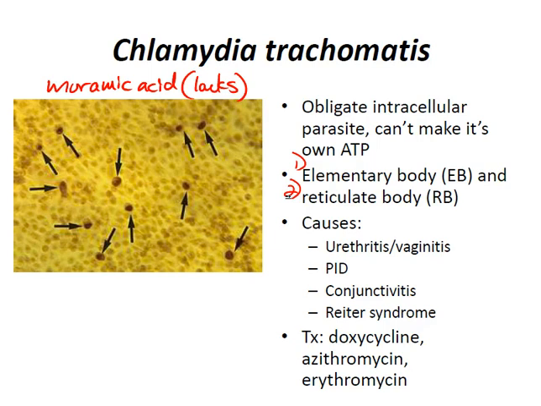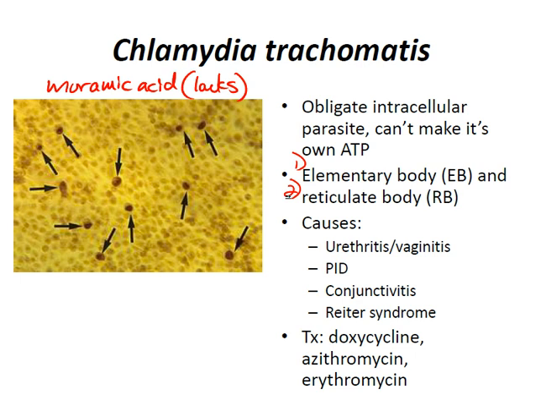It's not infectious at all. The membrane-bound compartment is converted to cytoplasmic inclusion bodies, and RBs replicate by fission. So numerous reticulate bodies turn into elementary bodies. Cells rupture and elementary bodies infect other cells.